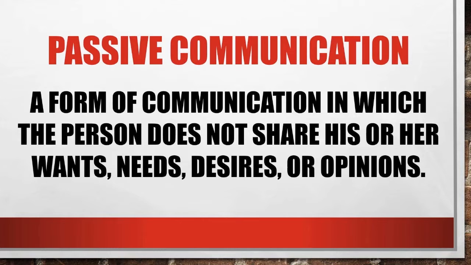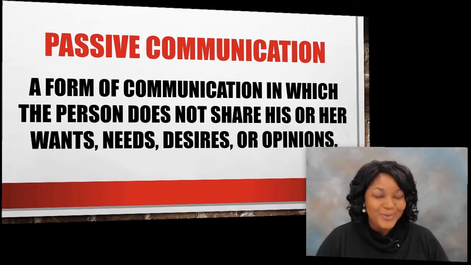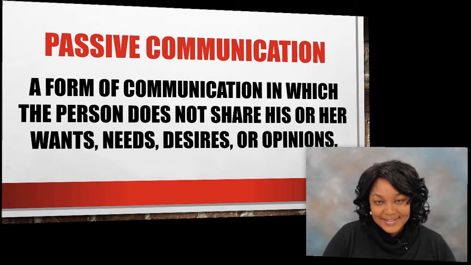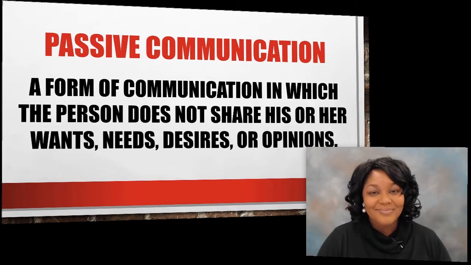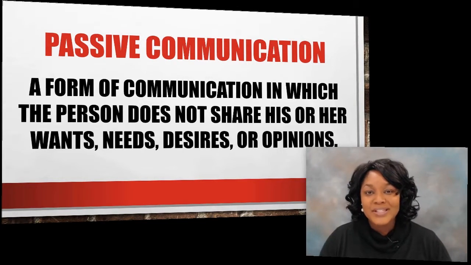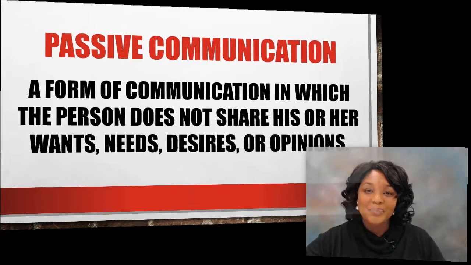Verbal cues for passive styles of communication include, "You should do it." "Well, you have more experience than I do." "I can't." "Well, this is probably wrong, but I'll try." Or having a very monotone voice with low energy behind it.